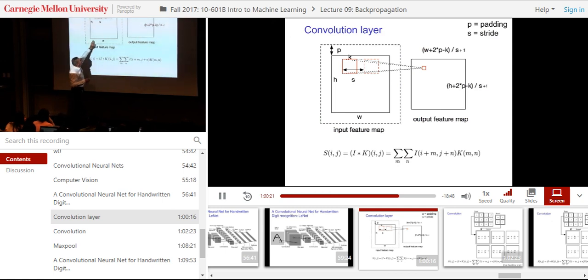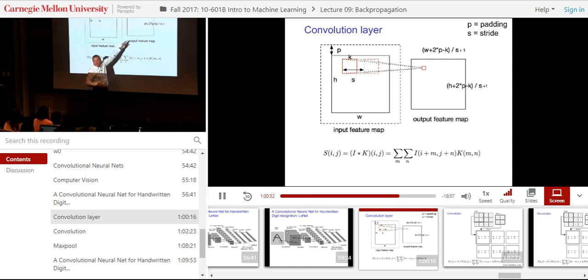Here's our input image, and the first convolution layer in the network works like this. It has a bunch of output units for that layer, but each output unit, like this red square, is a function not of the whole image, but just of some subset of the image.